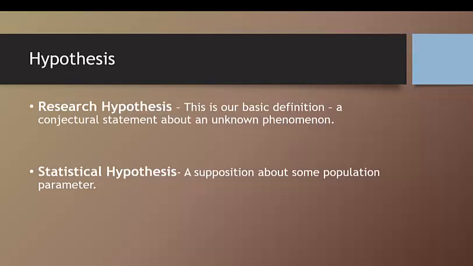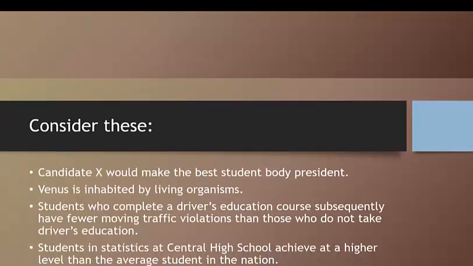Okay, and remember, parameters are the descriptive statistics that define a population. And so we're making a supposition about a population with a statistical hypothesis. Okay, we won't refer to that much anymore, but just understand that that's what that means. Really, we're going to concentrate on your research hypothesis.